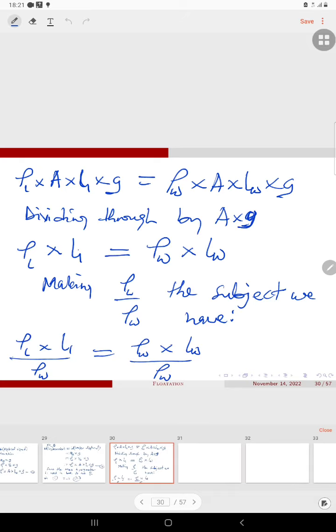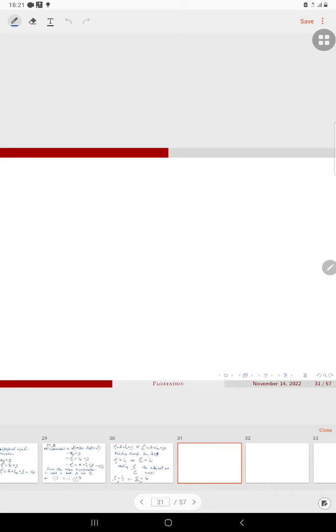And when they leave, what am I going to get? You can pause it and write it. See, this is going to cancel this, right? So I'll be left with rho L times LL over rho W on the left hand side. So rho L times LL over rho W equals what?